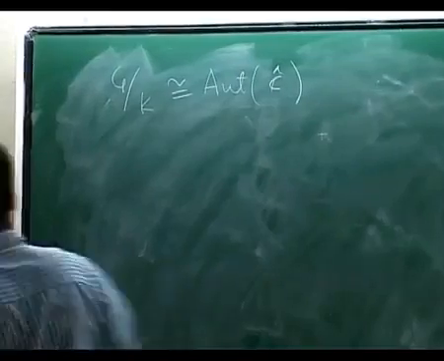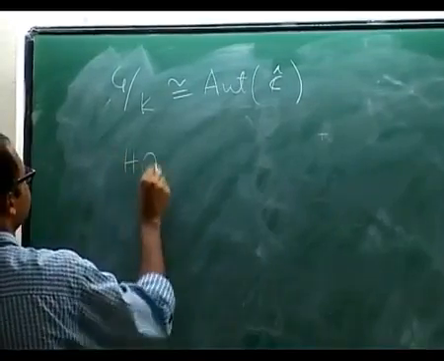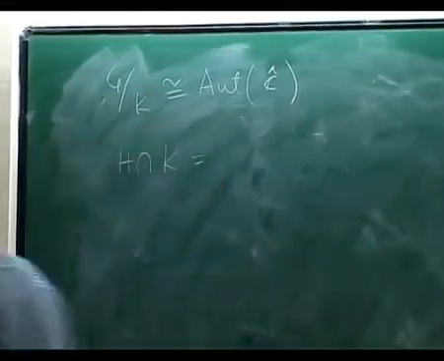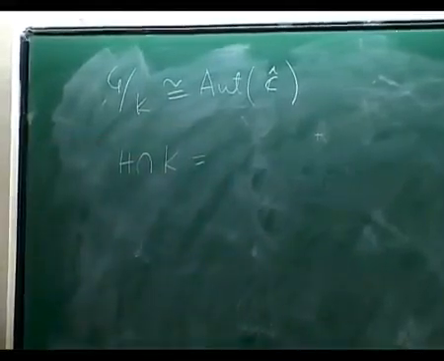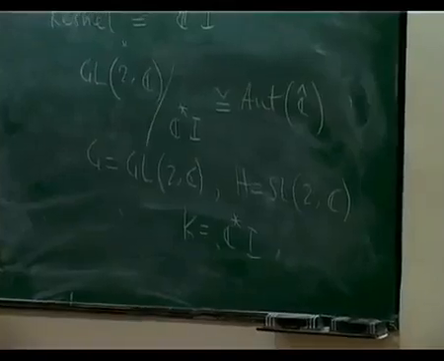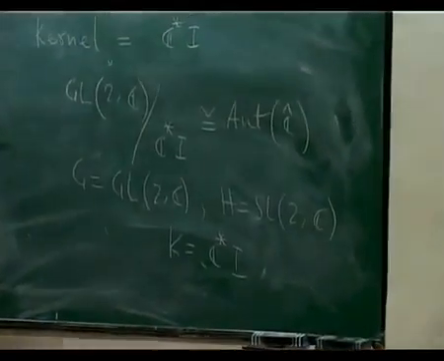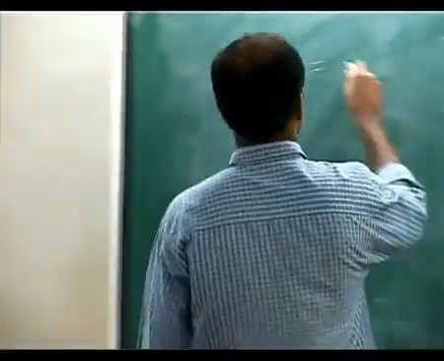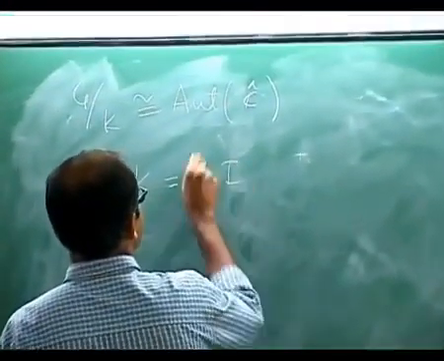and now these things. So what is H intersection K? H intersection K would be just plus minus identity, because these are identity times a complex number, and if you put the condition that the determinant has to be 1, then the complex number has to be plus minus 1.